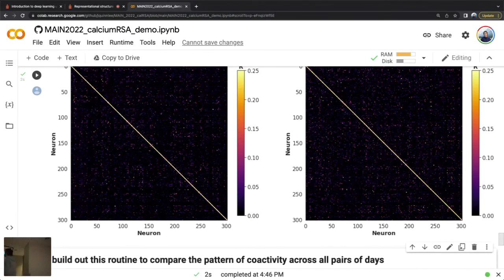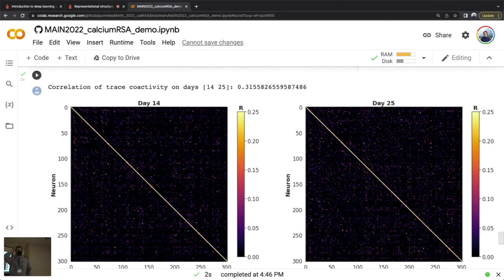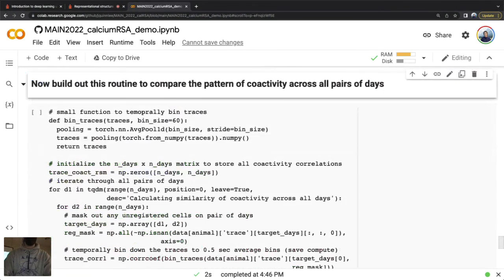And you get a lower correlation for these two geometries at a delay of 11 days instead of 10. So we have 0.316. So maybe we could build out this sort of larger RSM comparing all the coactivity on all these different days with each other, and it could show some structure. I think there's some promise there.